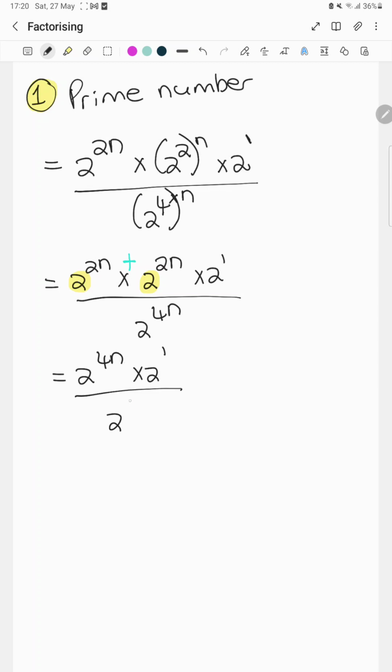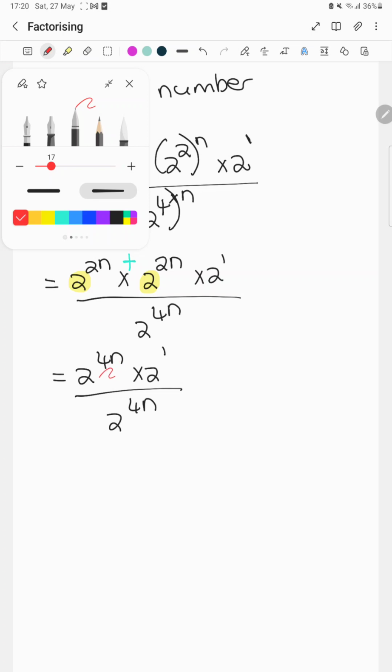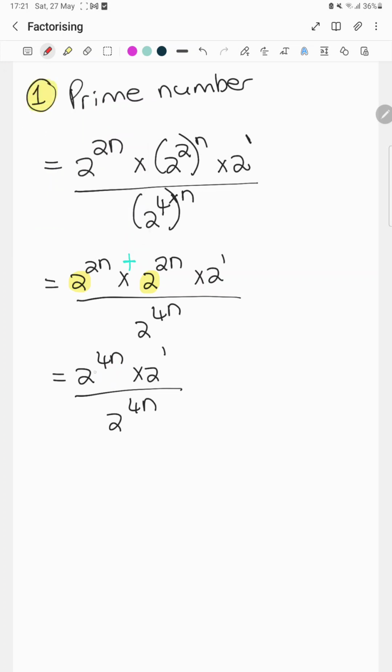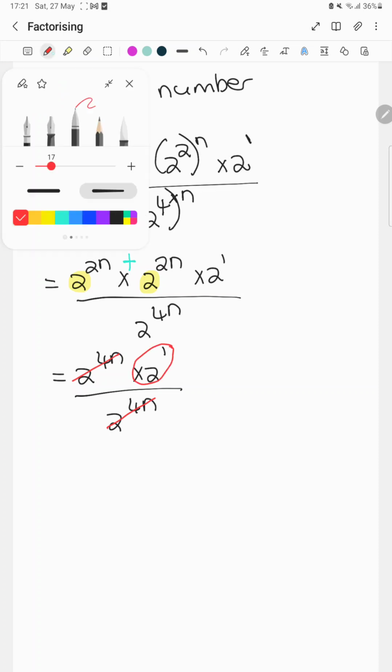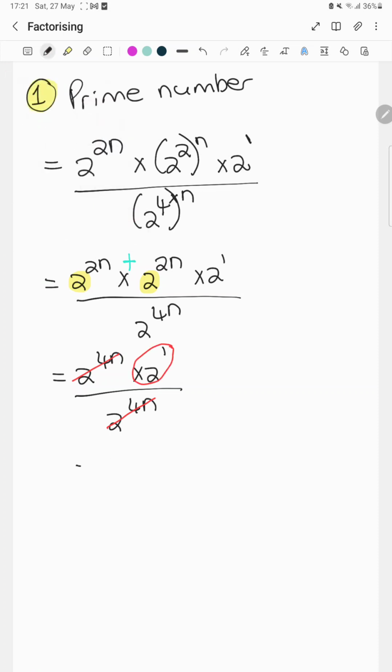Underneath my fraction, I have 2 to the power of 4n. What I see now is that this and this are exactly the same, so I'm going to cancel them. I'm only left with this part, so my final answer for this question will be 2.